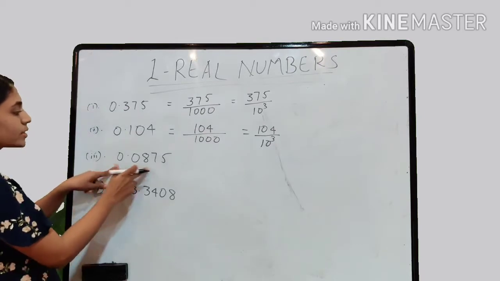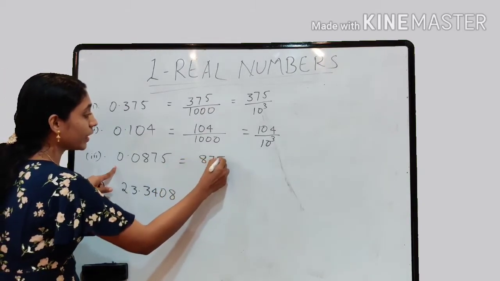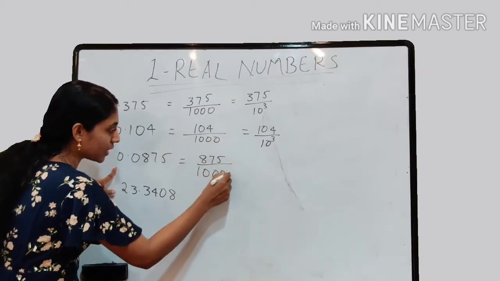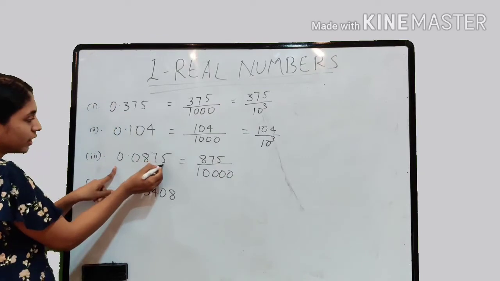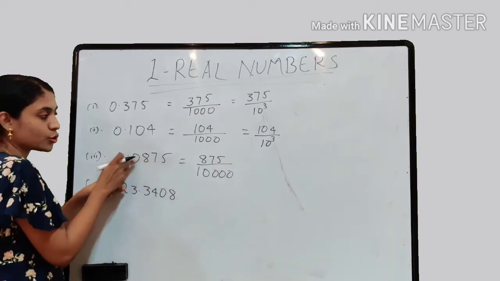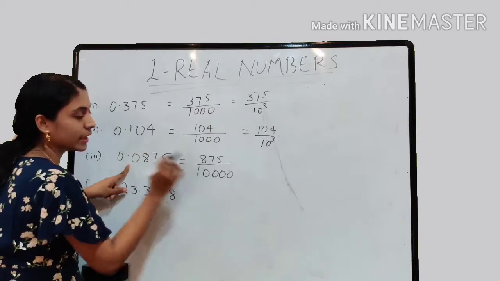And again 0.0875 can be written as 875 divided by not 1000 but 10,000, right? Why, friends? Because here there are 4 places after the decimal. So in order to remove the decimal, write 4 zeros in the denominator.